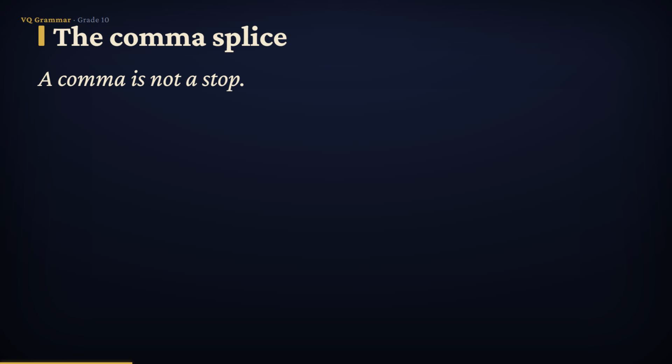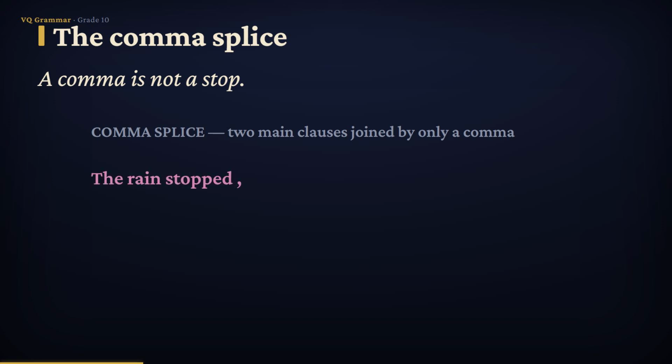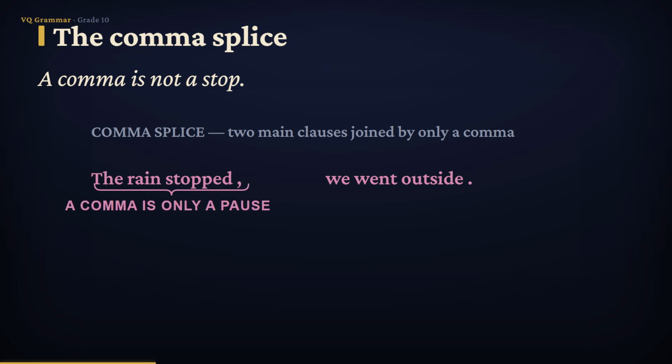Now, the second shape, and this one is the single most common run-on in student writing. It is called the comma splice. A comma splice happens when two main clauses are joined by only a comma. Watch. The rain stopped, we went outside. That comma looks helpful, does it not? It feels like it is doing the job. But it is not. A comma is a pause, not a stop.